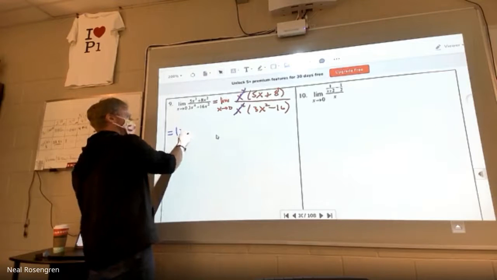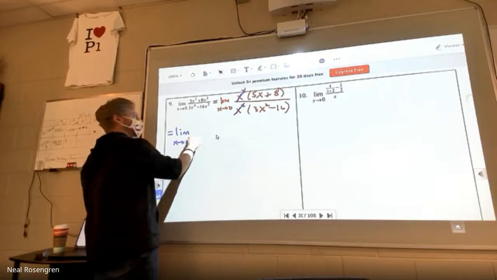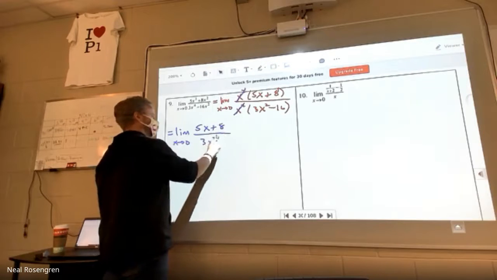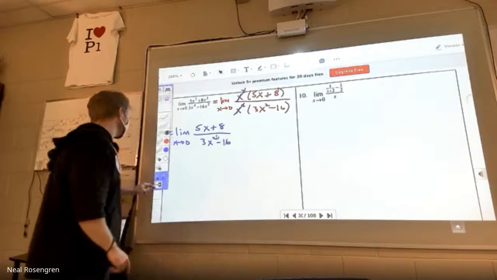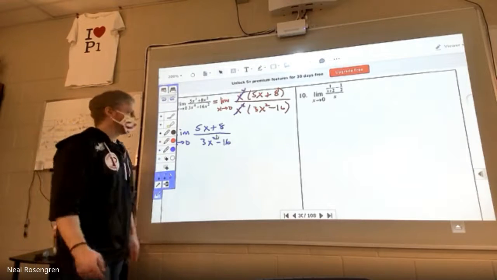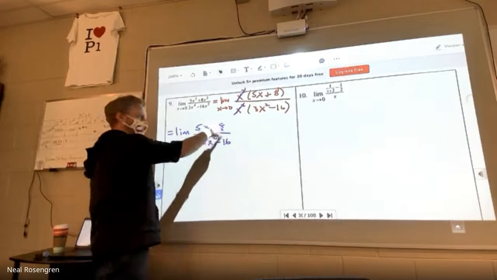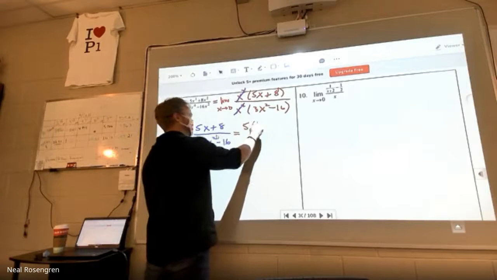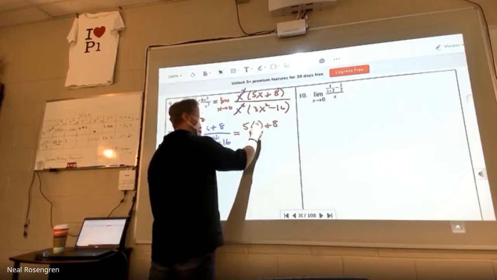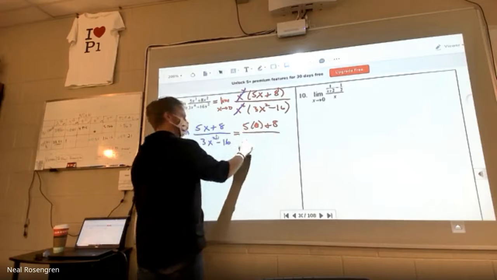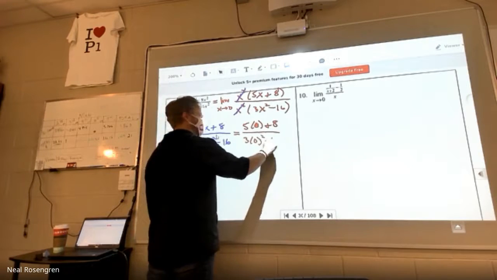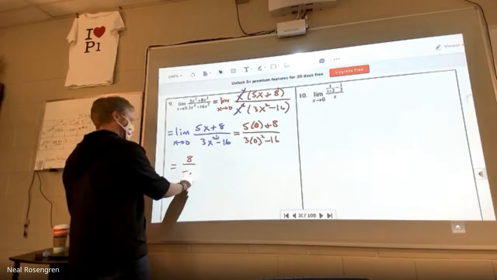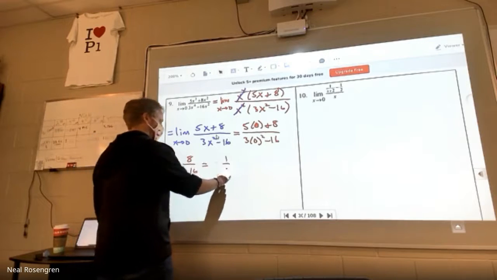I like to write the simpler function before I consider evaluating. 5x plus 8 over 3x squared minus 16. But imagine plugging in 0. Okay. 8 and negative 16. So I can do 5 times 0 plus 8, over 3 times 0 squared minus 16. I can show that step. 8 over negative 16.